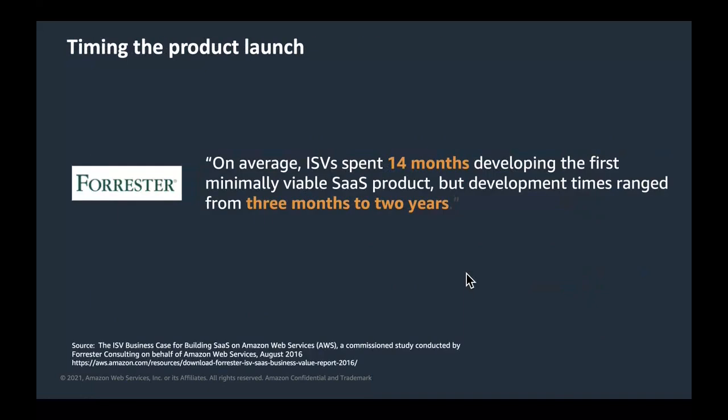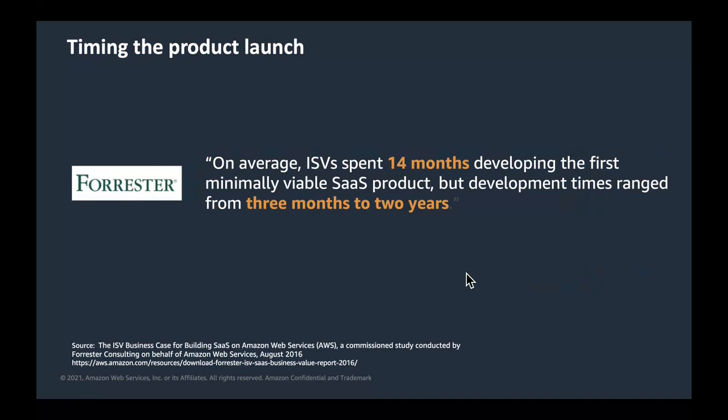There is definitely a lot of research around the time to launch a product. One piece of research from Forrester says that on average ISVs spend 14 months to develop their first MVP.